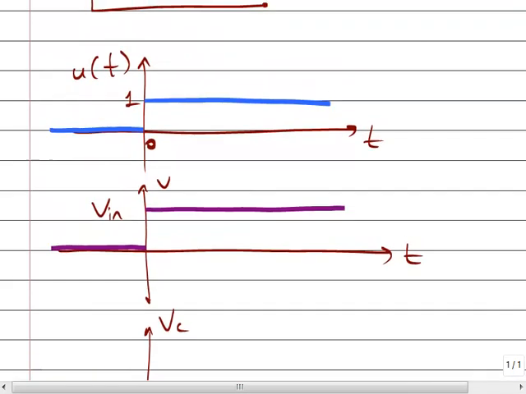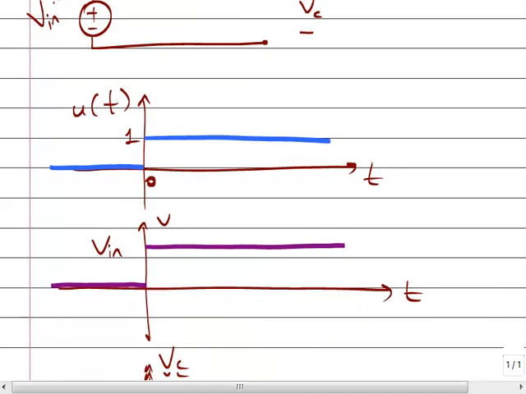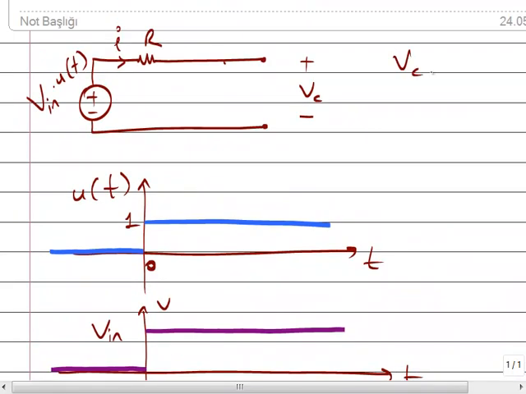Okay. What's the value of VC after t is 0? We expect VC is equal to V in. Why? Because the voltage of the resistor is I times R, and because there is an open circuit, what's the current of the resistor? 0 amp.